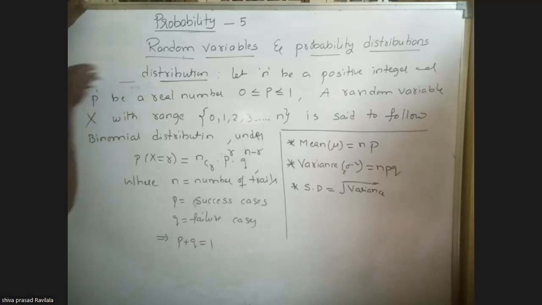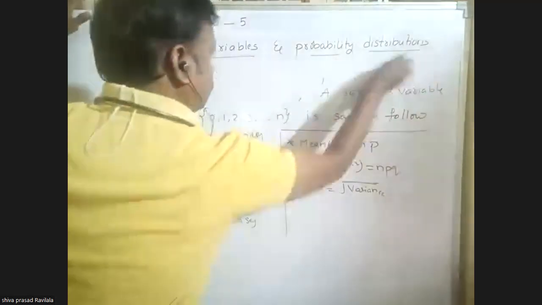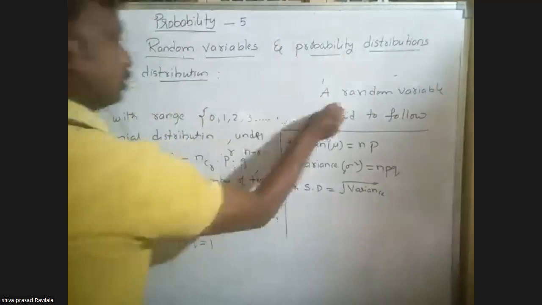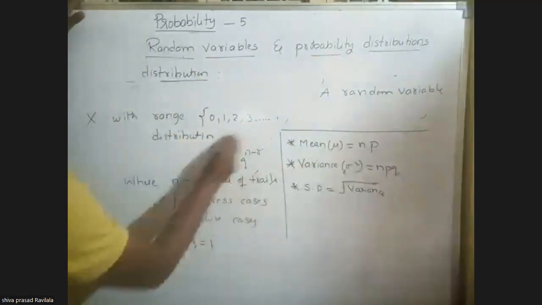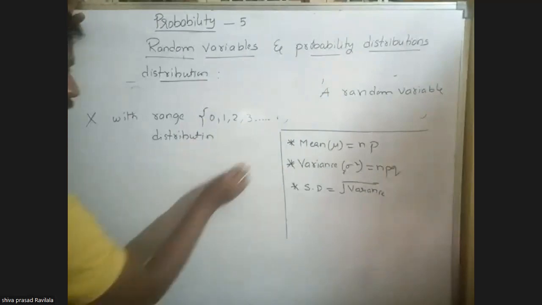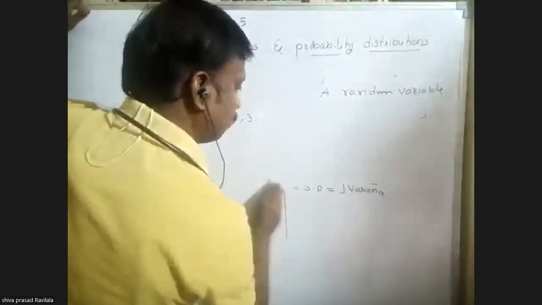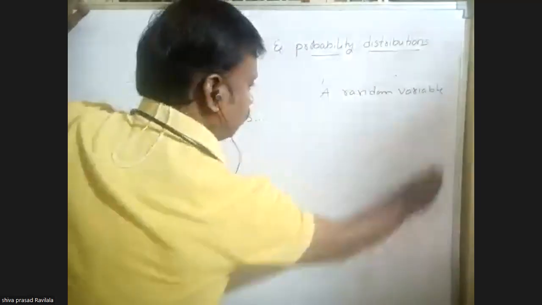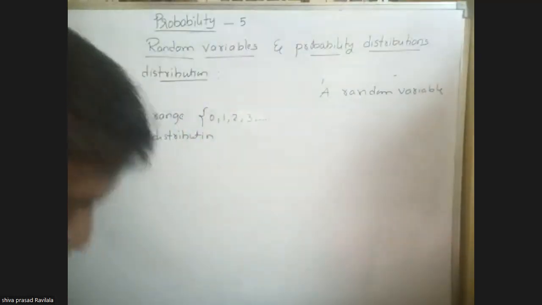Next one, Poisson distribution. Poisson distribution means in this condition we have infinite cases.